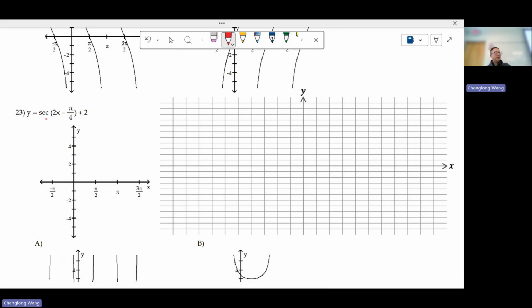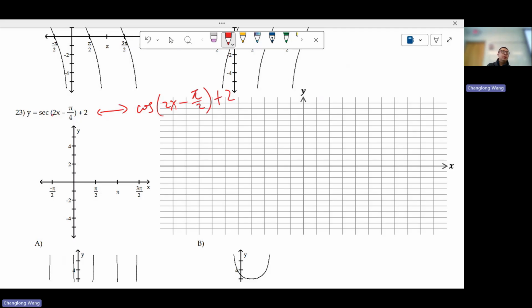By reference function, I mean it's just the reciprocal of secant or cosecant. So I believe that the reference function is going to be cosine, right? So cosine of 2x minus pi over 4, plus 2.